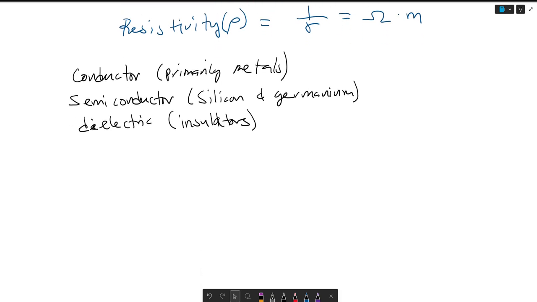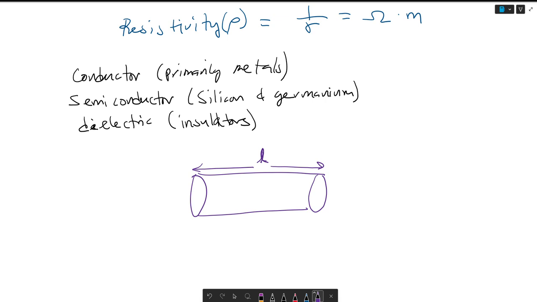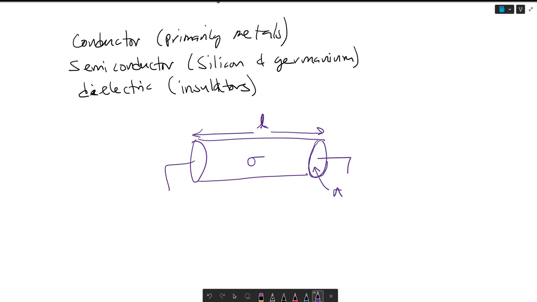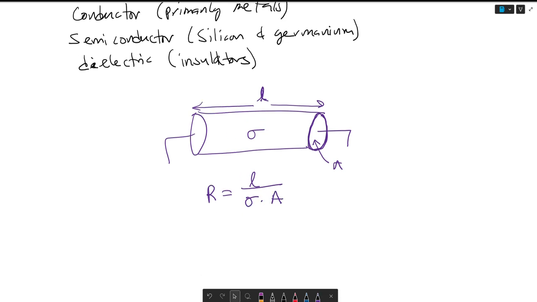And essentially, if you have a diagram where you take a metal and you cut it on both ends, given a certain length of that metal, L, the conductivity of that metal, which is specified, and the area of the cross-section of that metal, you can find the resistance to be L over your conductivity times your area.